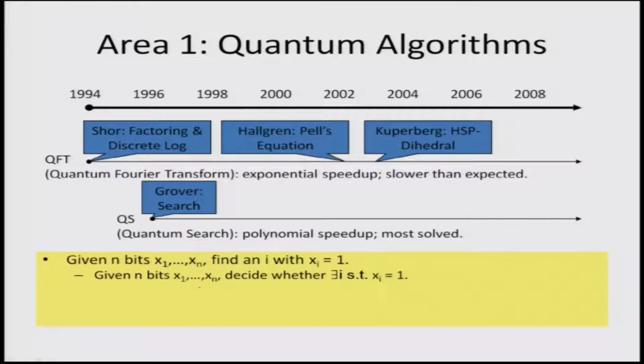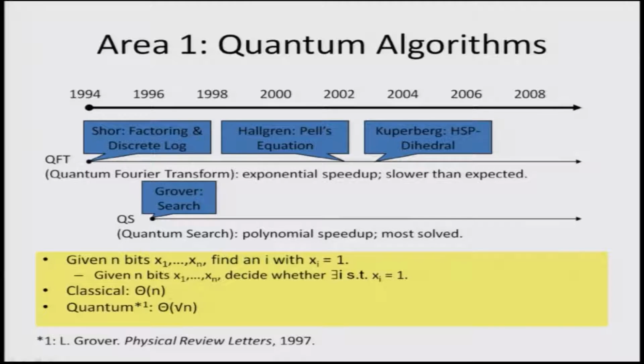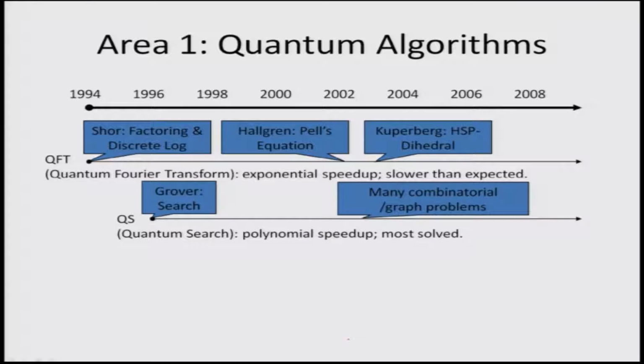The classical cost for this is of order n, whereas in the quantum case it is root n, so there is a polynomial speed up in this particular case. This was first shown in 1997 by Lov Grover, and since then it has become a very useful one.